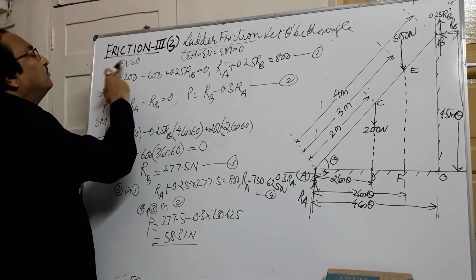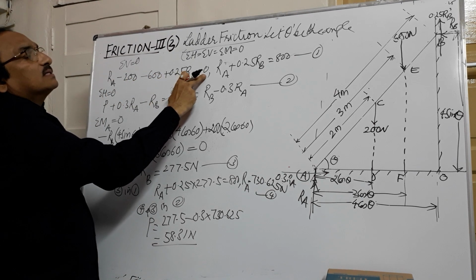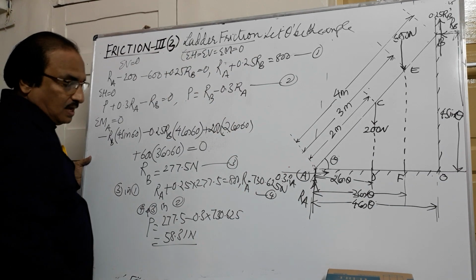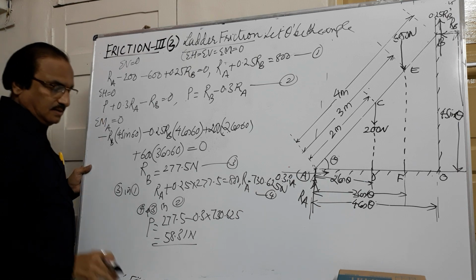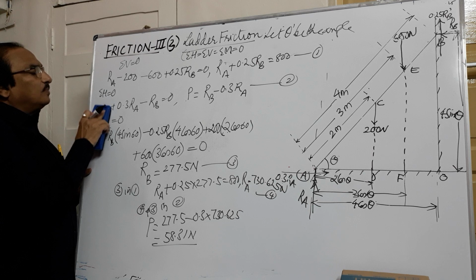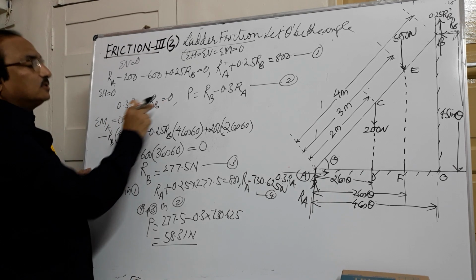If I resolve the forces vertically, this will remain the same: RA plus 0.25 RB is 800. Now if I resolve the forces horizontally, this P will not be there. So 0.3 RA minus RB is equal to 0.